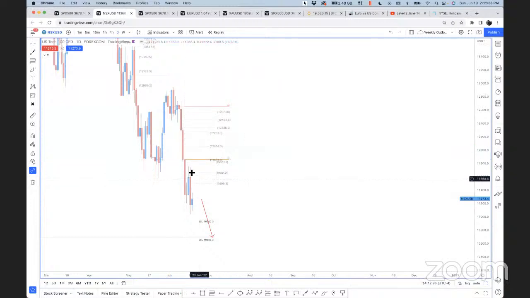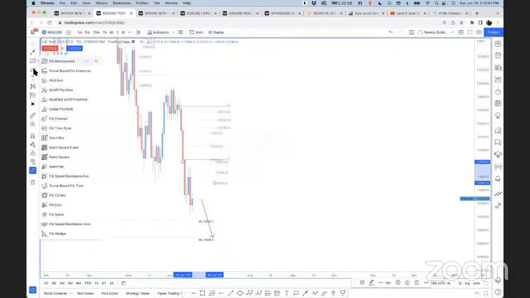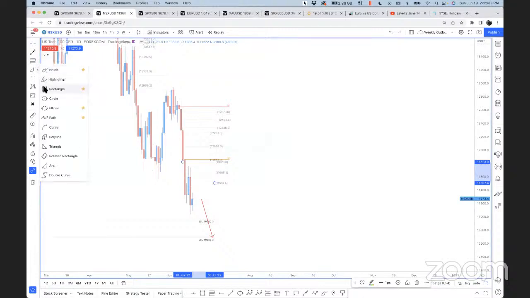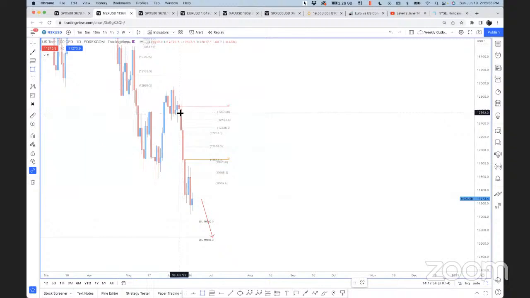Then we have one from this low to the high of this candle. So there's three important imbalances that we would have to get through in order for us to actually turn bullish.